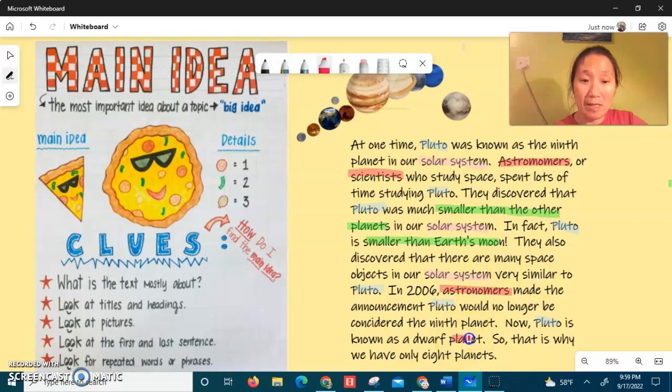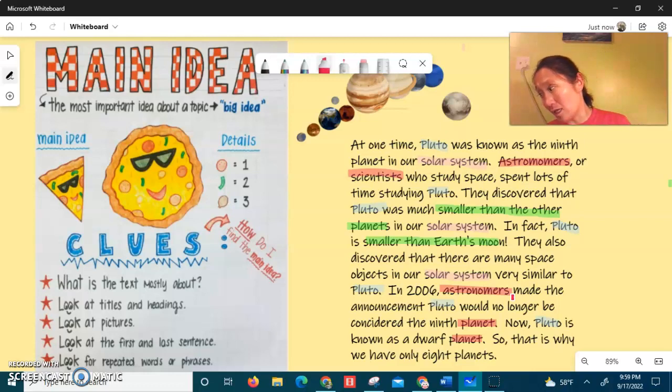I'll highlight planet and planet. So we know that something's happening with planets. Now we know that it's talking about scientists studying Pluto, and Pluto is much smaller than all the other planets in our solar system.